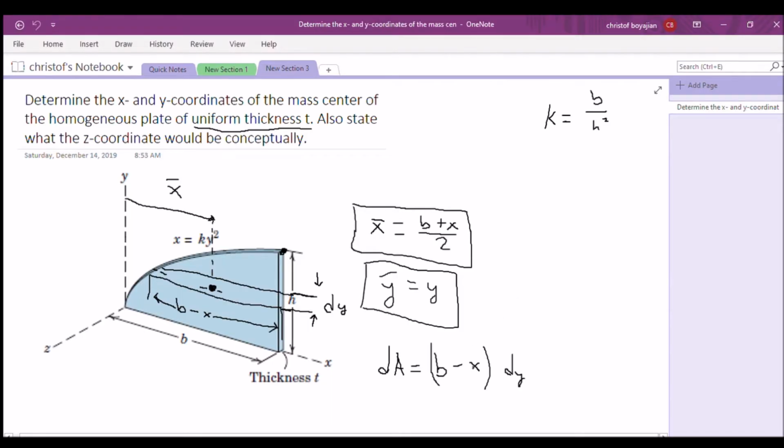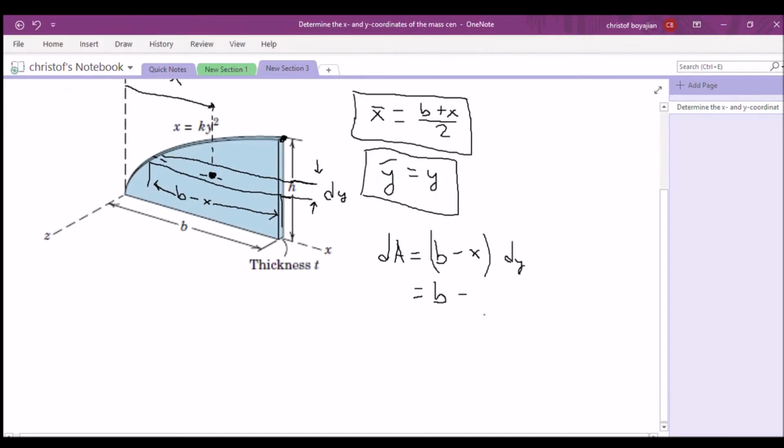All right, great. So we do want to have one variable here. We have it with respect to y. So let's just replace x with the curve that we have here, because that's what we had for x. This is b minus our curve, x equals ky squared. So we can use x interchangeably with y here. So let's go ahead and do that. We're going to have b minus ky squared, and I'm going to replace k with what we solved over here earlier.